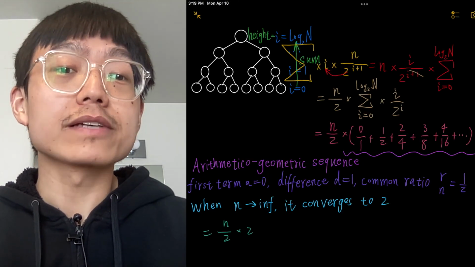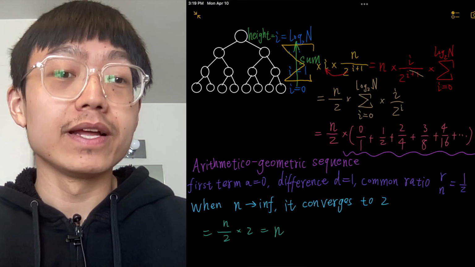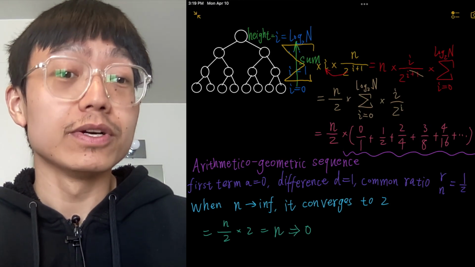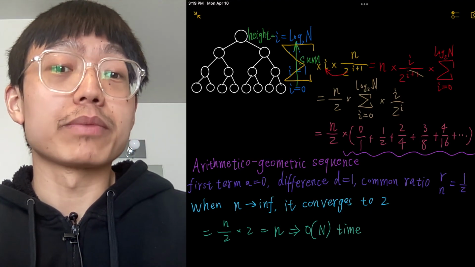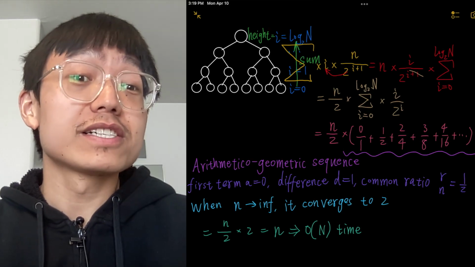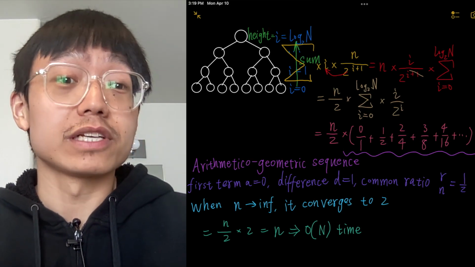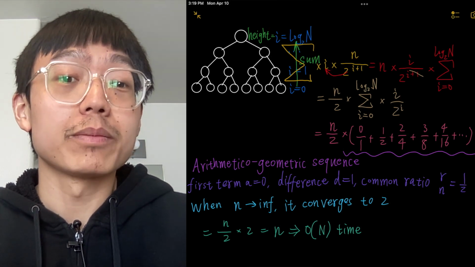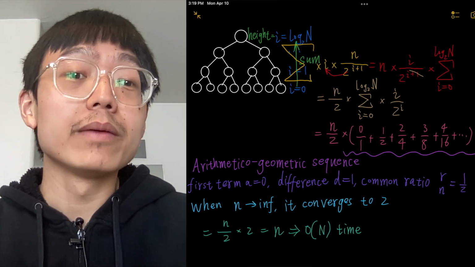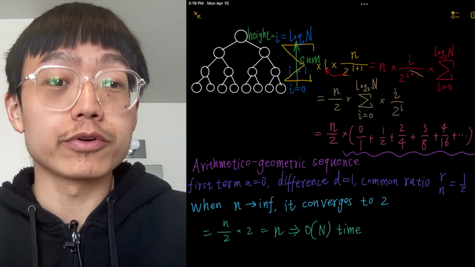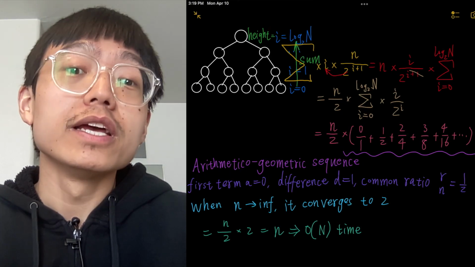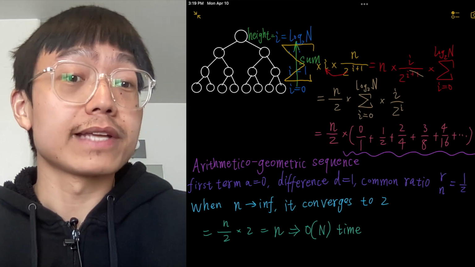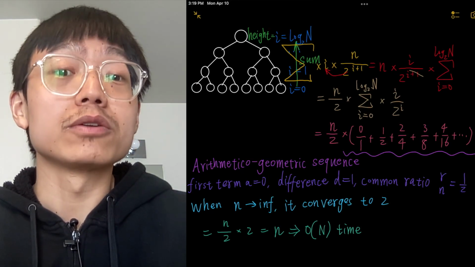So the time complexity is therefore O of n, as the constant factor 2 doesn't affect the order of the complexity. Yes, the fact that it converges to 2 as n approaches infinity is a key factor that makes it O of n time complexity for constructing a heap by using the bottom-up approach, which is more efficient than the top-down approach with a time complexity of O of n log of n.